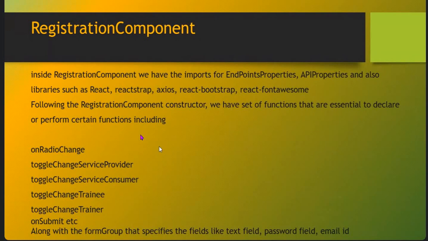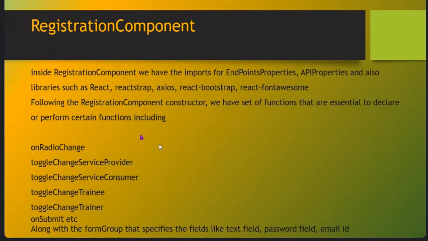So after the constructor, we have a set of methods, functions, like onRadioChange, onToggleChange, service provider or consumer, trainer, these kinds of things.